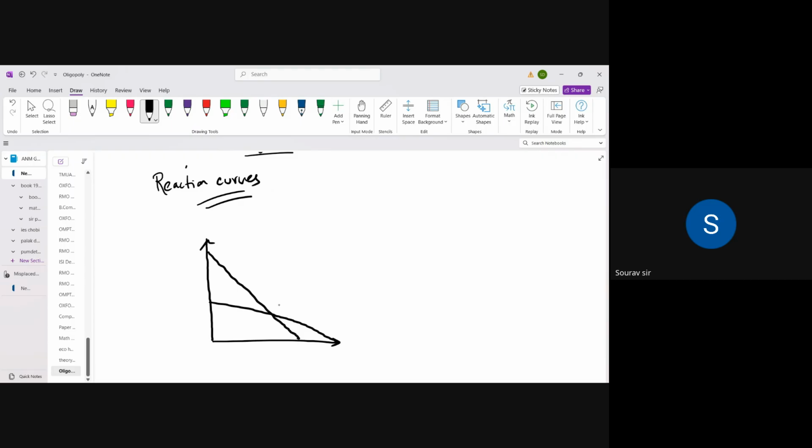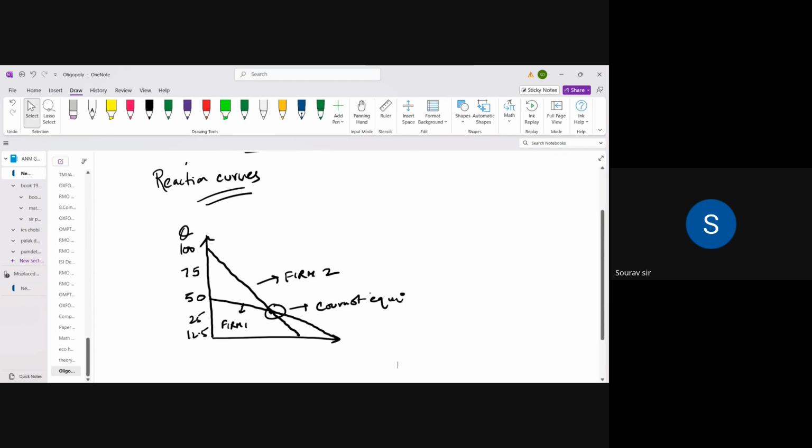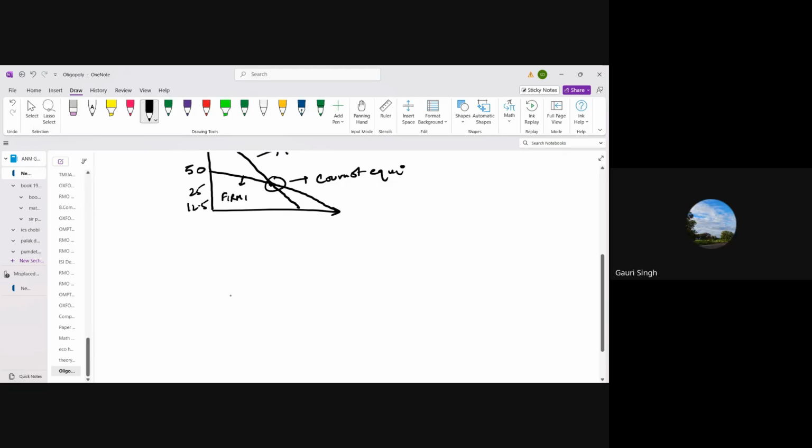If I consider the quantity being 100, 75, 50, 25, 12.5, you consider this as firm one's reaction curve, and this you consider as firm two's reaction curve. And this is your Cournot equilibrium.